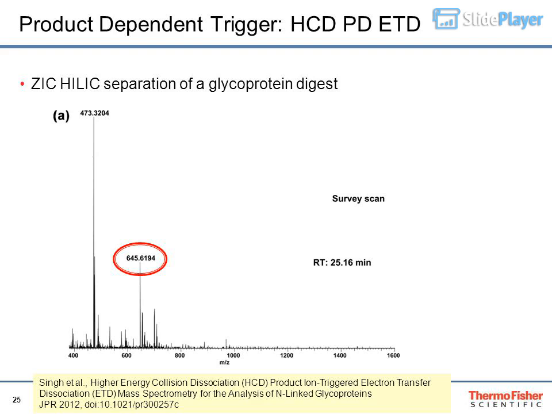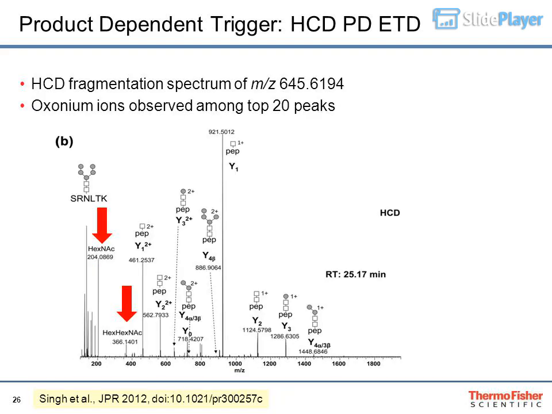Singh et al., higher energy collision dissociation, HCD, product ion triggered electron transfer dissociation, ETD, mass spectrometry for the analysis of N-linked glycoproteins. JPR 2012, DOI 10.1021/PR300257C. Product-dependent trigger, HCD-PDETD. HCD fragmentation spectrum of m/z 645.6194. Oxonium ions observed among top 20 peaks.